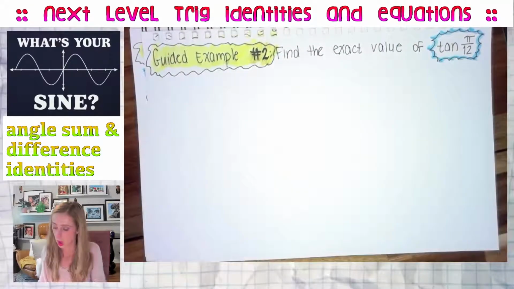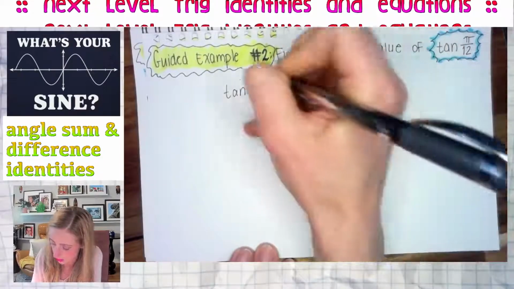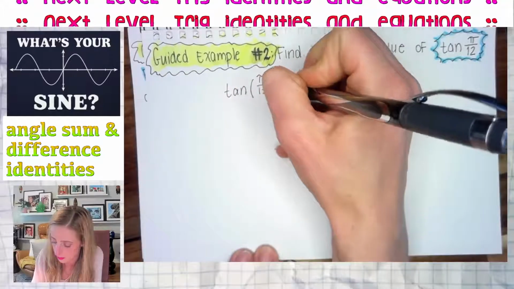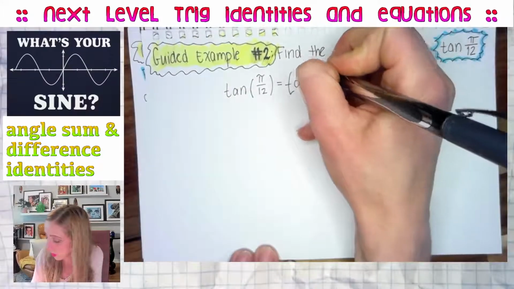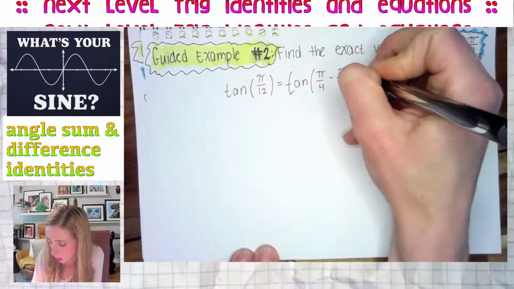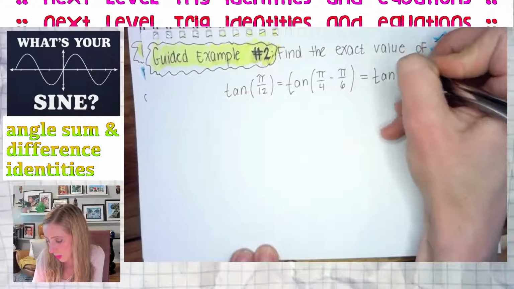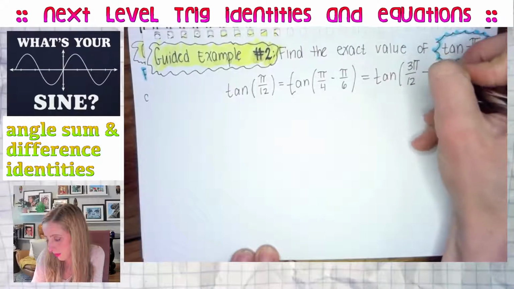So hold on to your butts. Let's go. Tan of pi over 12 equals tan, I'm just writing a few things down. Which one did I want to use? Pi over 4 minus pi over 6, which is the same as tan of 3 pi over 12 minus 2 pi over 12.